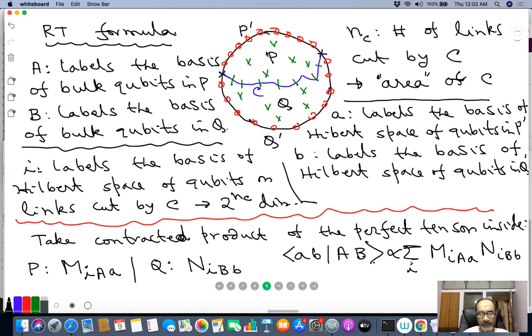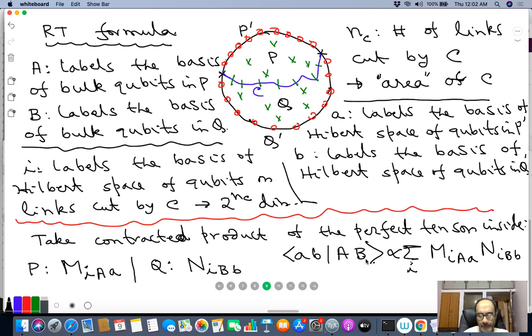But it's not that we are directly using an identity map from bulk to boundary, right? It's the entanglement across the whole thing. The whole boundary was constructed using the states at both P and Q and not only one of them. Exactly. Because when we constructed this, we also had the sum over I, right?